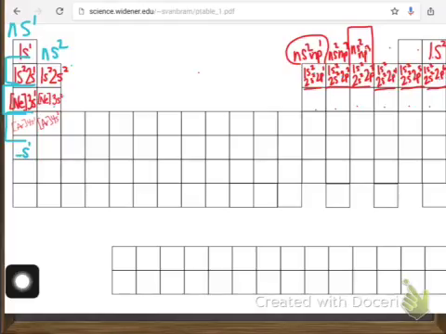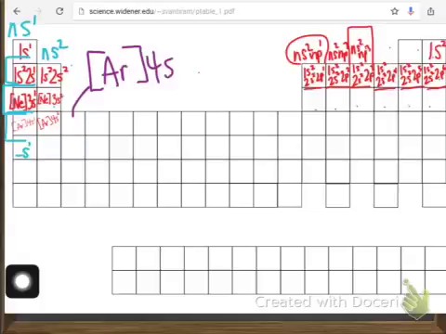So let's go back to our periodic table for a moment, and let's do the electron configuration for scandium. It's atomic number 21, and you know that it must have argon 4s2. Now the question is, what subshell starts filling after 4s? 3d.